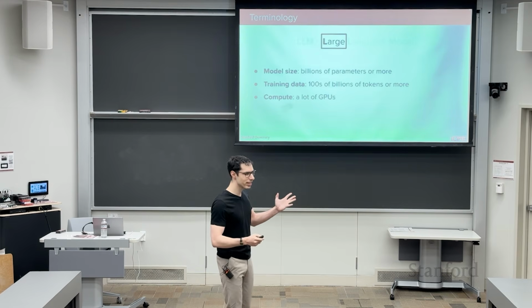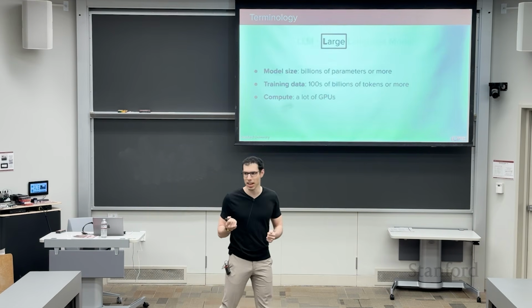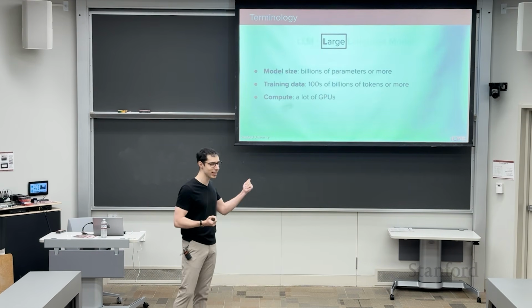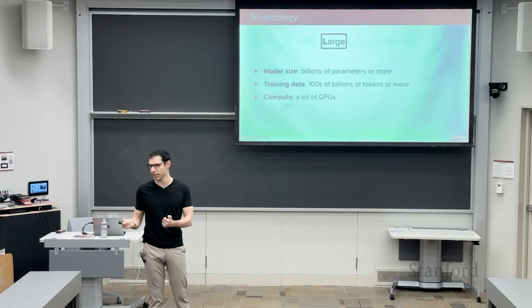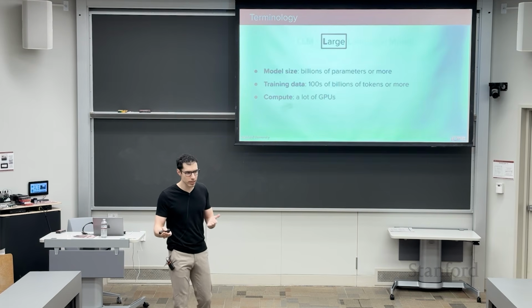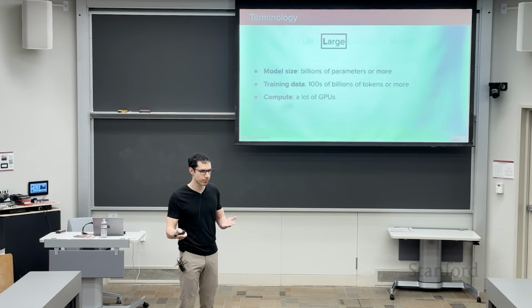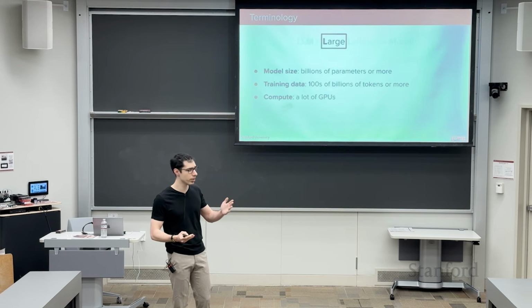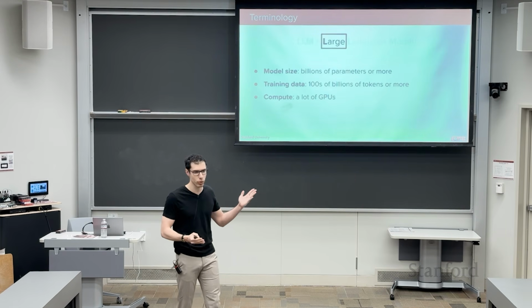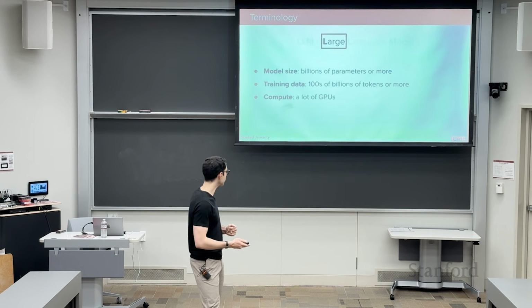These models have also been trained on a huge amount of data, which we quantify by the number of tokens they were pre-trained with. This is on the order of hundreds of billions of tokens or even trillions of tokens. I think the biggest ones are on the tens of trillions of tokens. So it's like huge training sets.